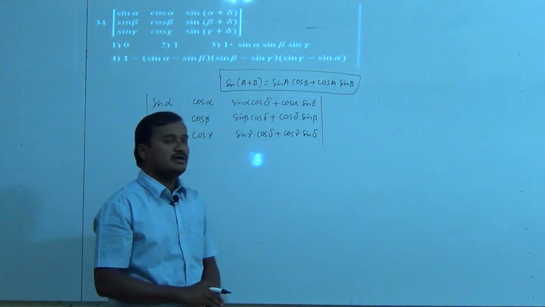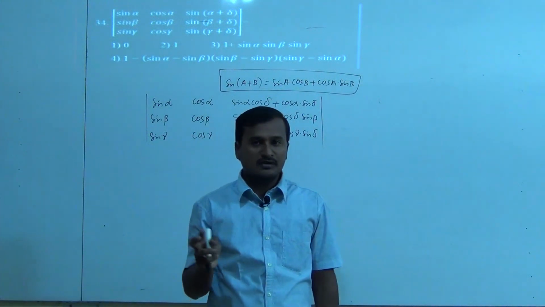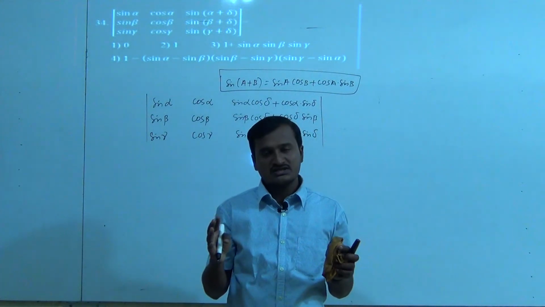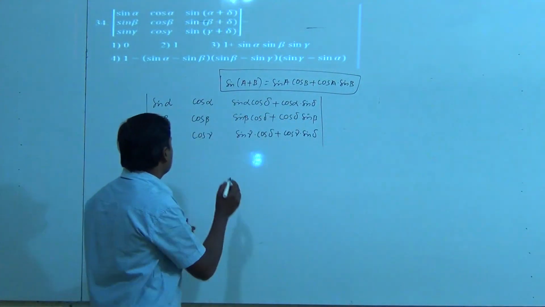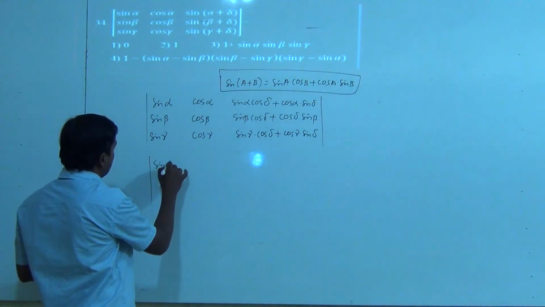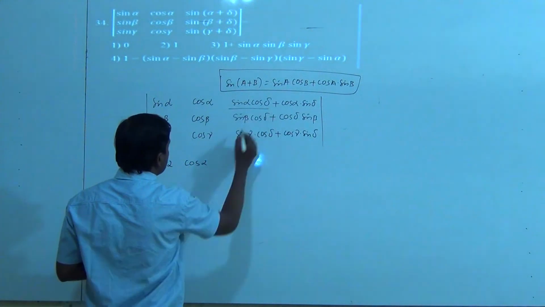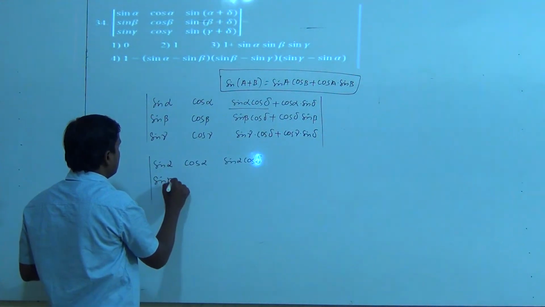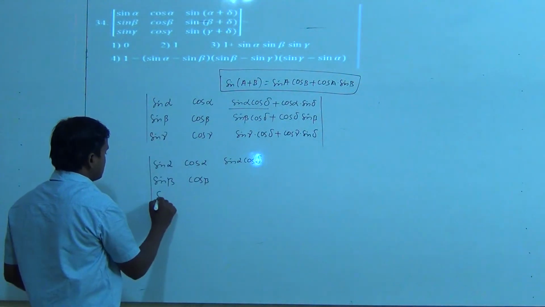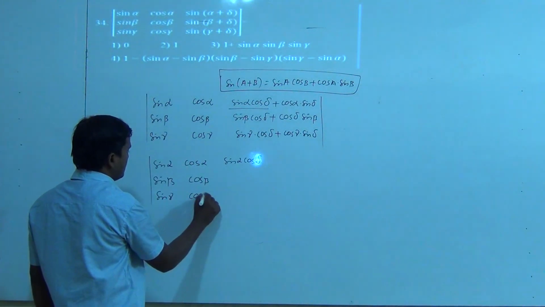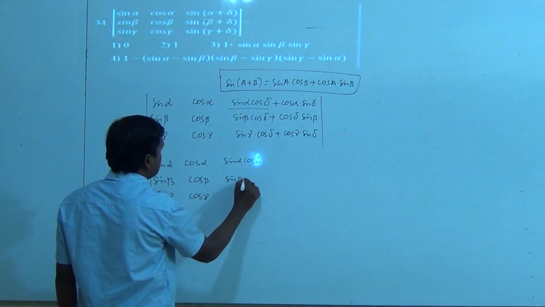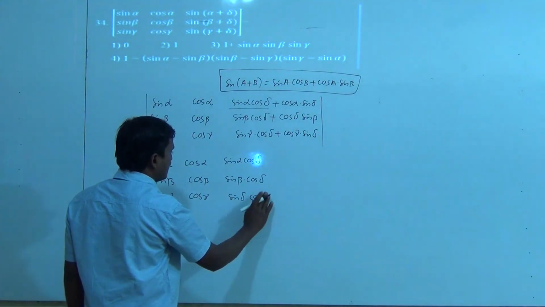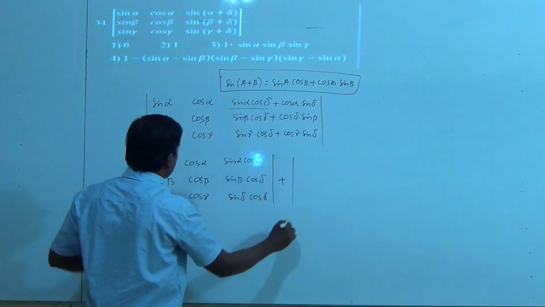So in a determinant, if each element of a row or column can be expressed as the sum of two terms, then the whole determinant can be expressed as the sum of two determinants. Therefore, I will write like this: sin alpha, cos alpha, sin alpha cos delta; sin beta, cos beta, sin beta cos delta; sin gamma, cos gamma, sin gamma cos delta, plus again this is as it is.